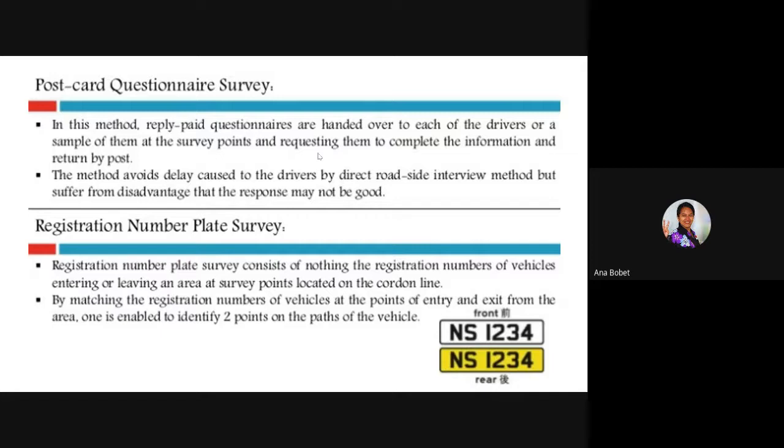So nagpa-survey sila ana kung masabtan ba ilang mga symbol para sa Olympics. So with that, they use postcard survey questionnaire across Asia and across the globe. So ibalik nimo sa postal office, ila din tong dawaton, ila tong reviewon kung kato nga mga applications is suitable para sa mga tourists or mga visitors during the Olympics.